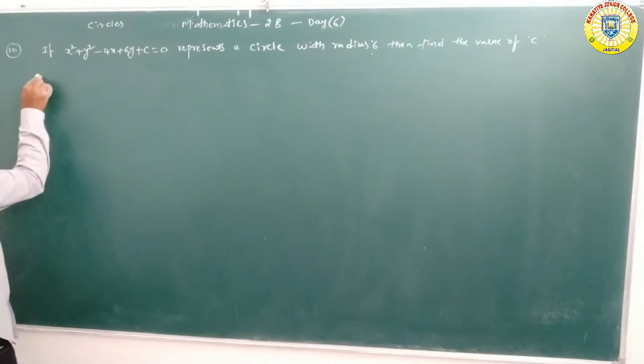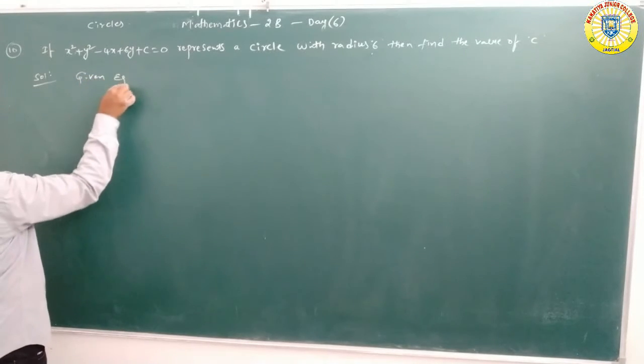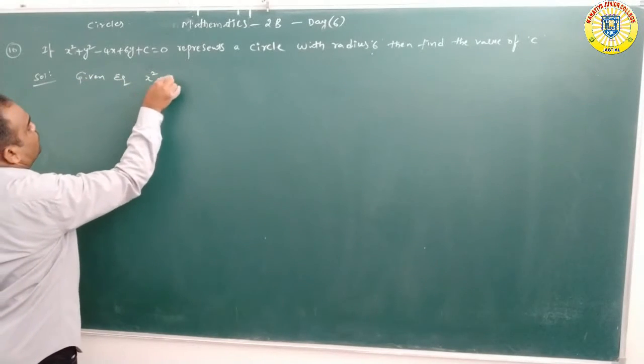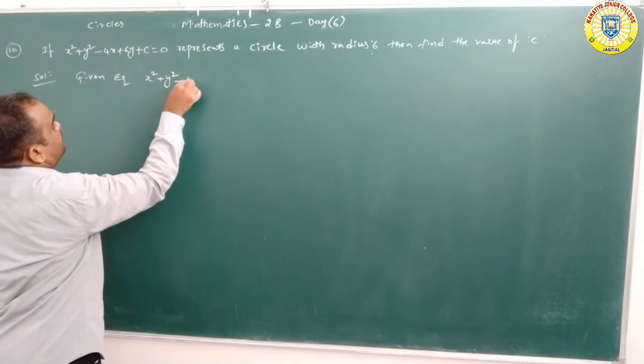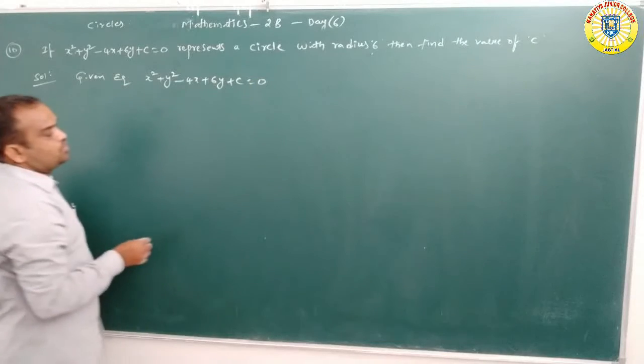See the solution. First, what is the given equation? Here the given equation is x square plus y square minus 4x plus 6y plus c equal to 0.